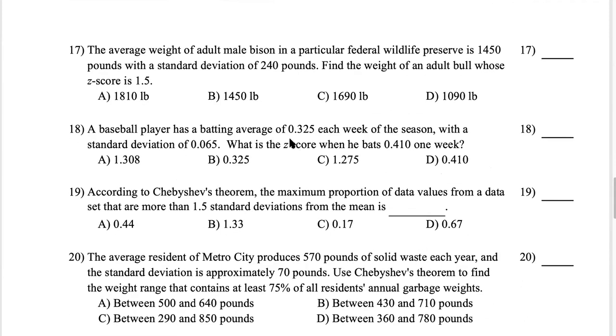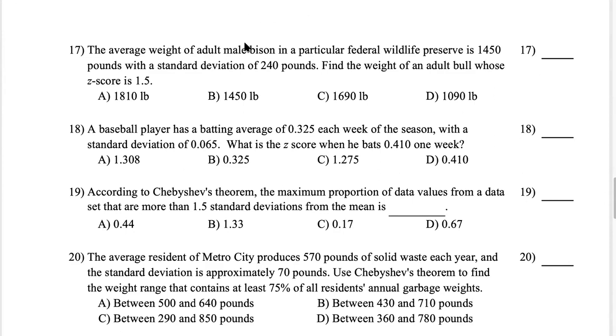Number 17, average weight of adult male bison in pounds, with this standard deviation. Find the weight of adult bull whose Z-score is 1.5. I don't quite know what a bison is, some animal, but that doesn't matter.